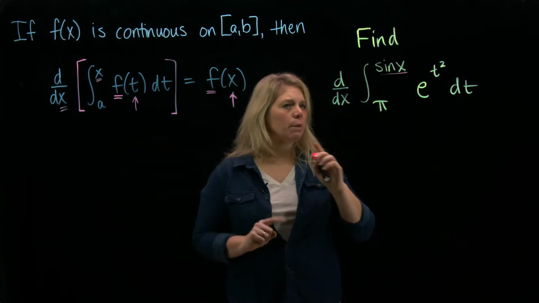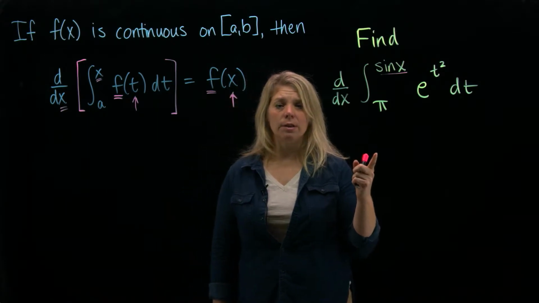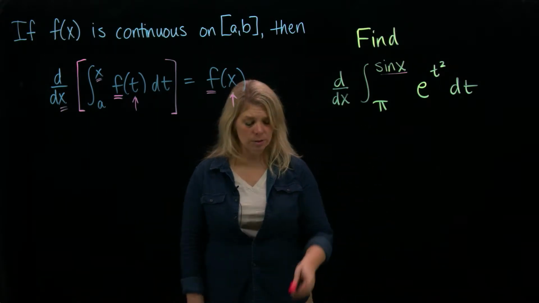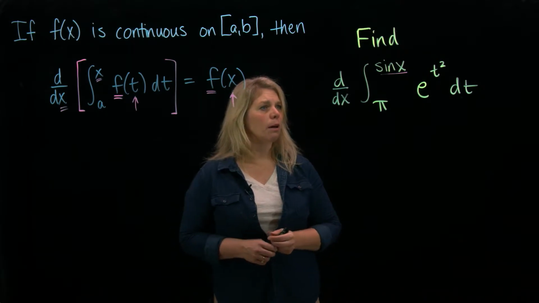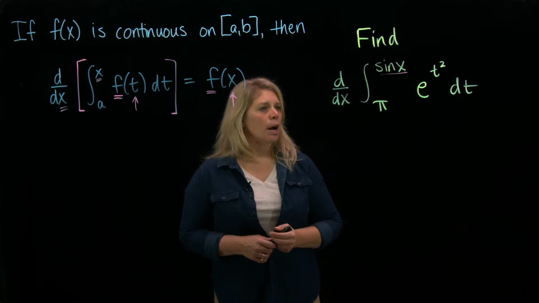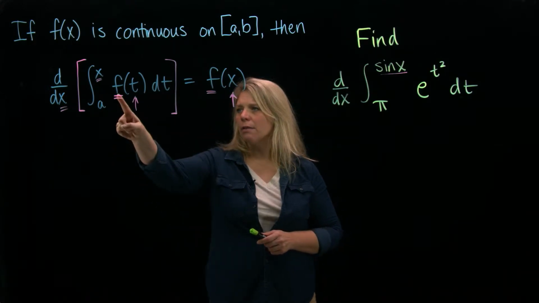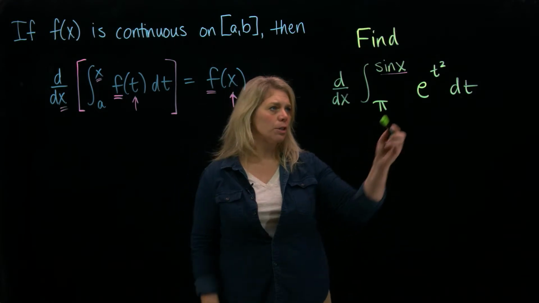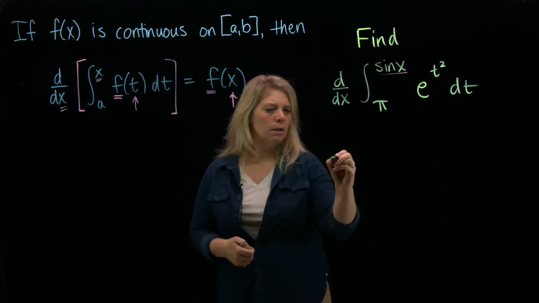So I'm going to actually be using this part of the fundamental theorem of calculus, but then I'm also going to be using something that it's been a while since we've used, but shouldn't be that far from your memory because I think everybody knew it pretty well when we learned it. All right, so this part of the fundamental theorem of calculus says we're going to have the same function, in this case e to the variable squared.